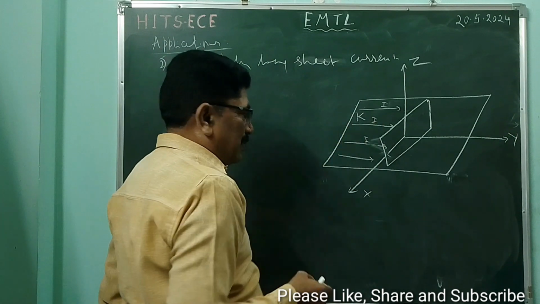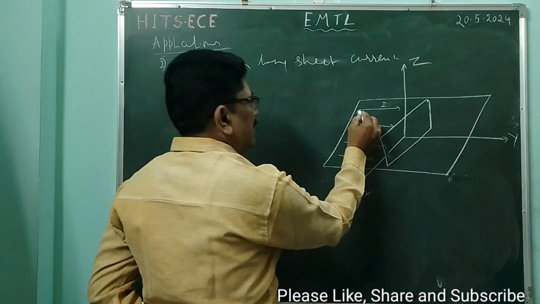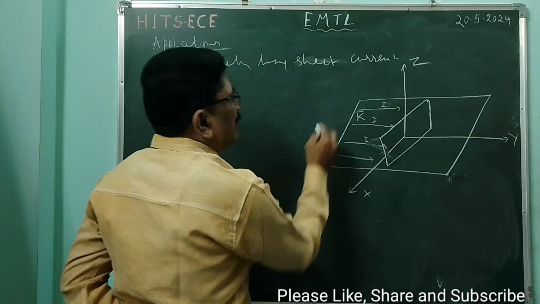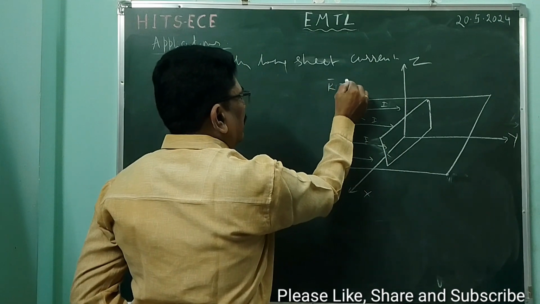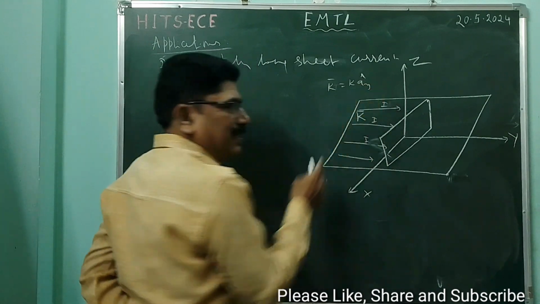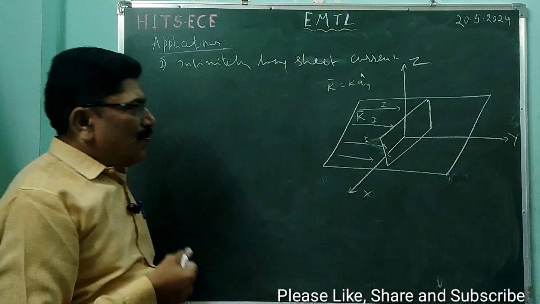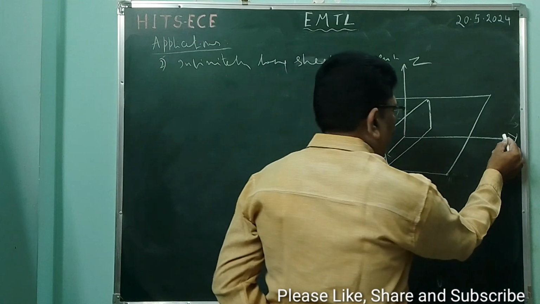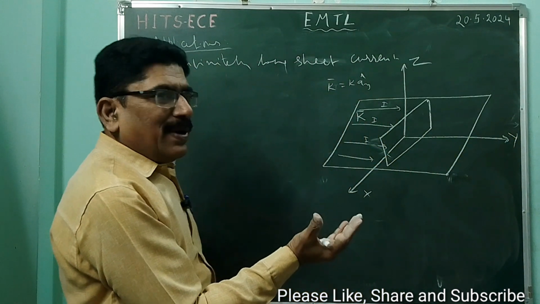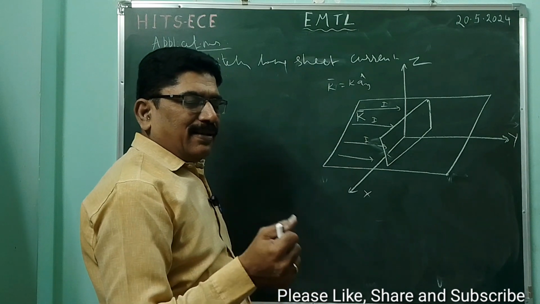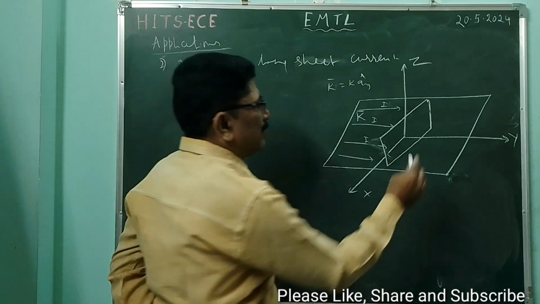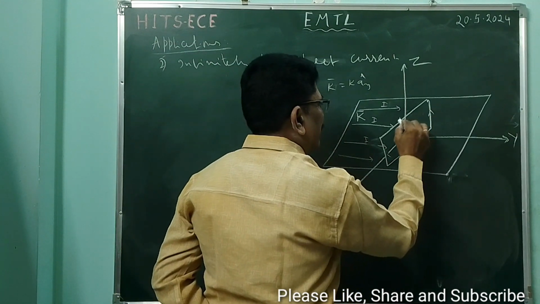The vector K is equal to K into aY cap, since it is in the direction of the Y axis. And the Amperian path direction is shown by the right hand thumb rule, shown by the curved fingers. So it should be like this.